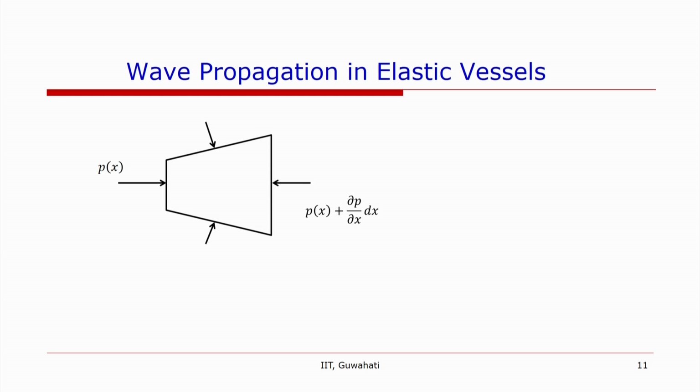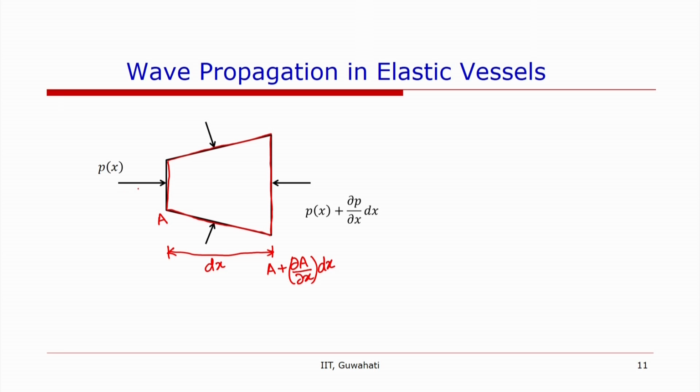So we can write m into a, where we have considered a small part of the fluid element here, and in this case the area is changing. The length of this fluid element, let us say, is dx. The area at the starting point is A and at the end point is A plus del A by del x dx.